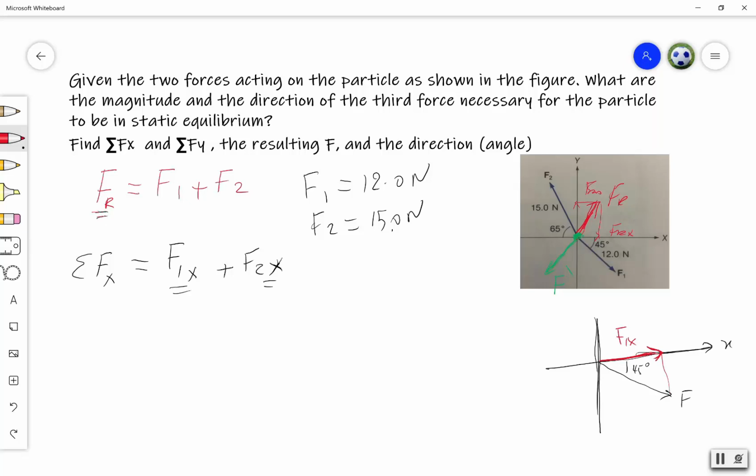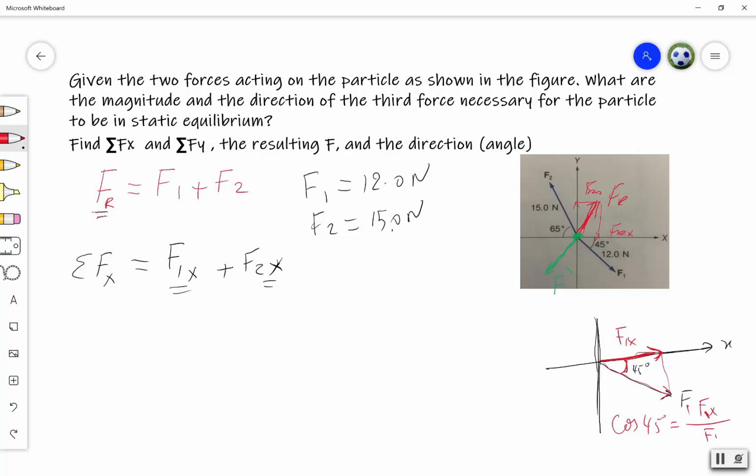How do we calculate this F1x? This is F1, the hypotenuse of this right triangle, and this is F1x. Look at this angle here. If I take the cosine of 45 degrees, it equals the adjacent, which is F1x, over the hypotenuse, which is F1.